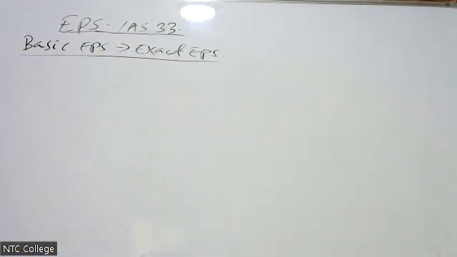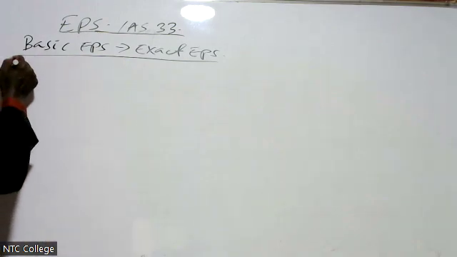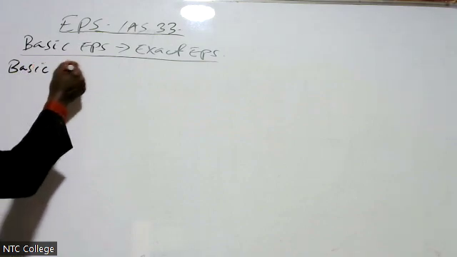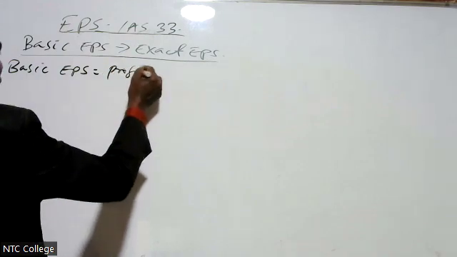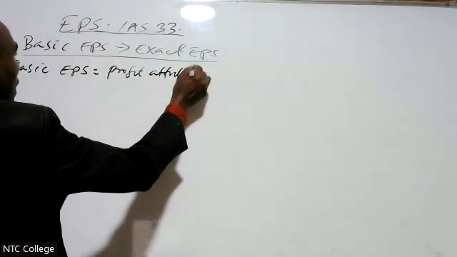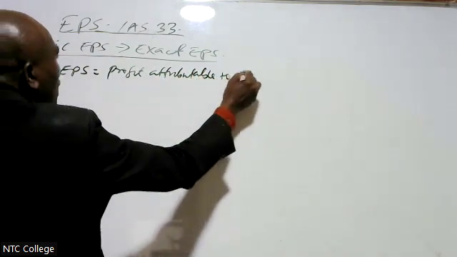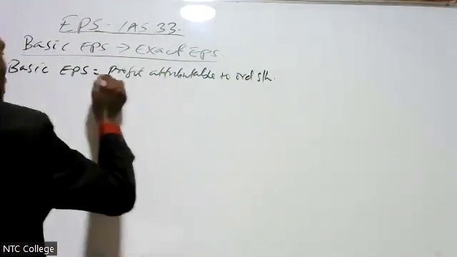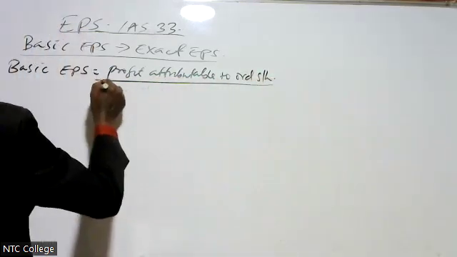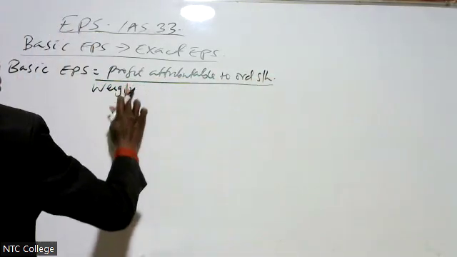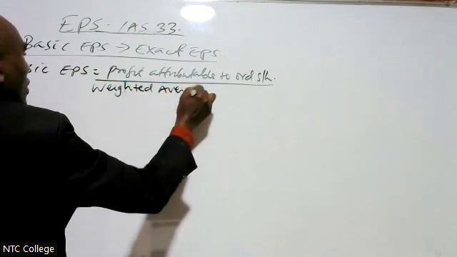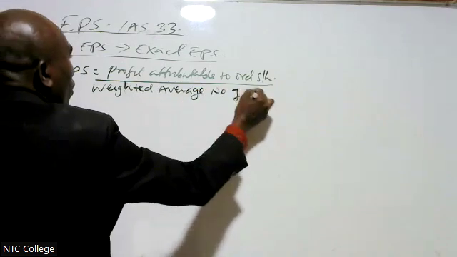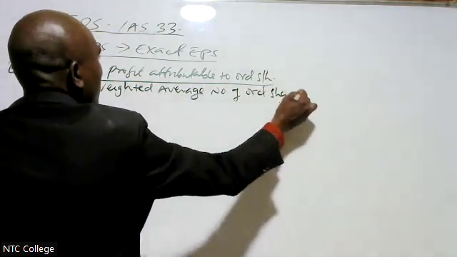Then we say basic EPS equals profit attributable to ordinary shareholders divided by weighted average number of ordinary shares.